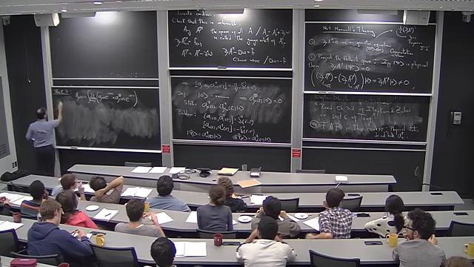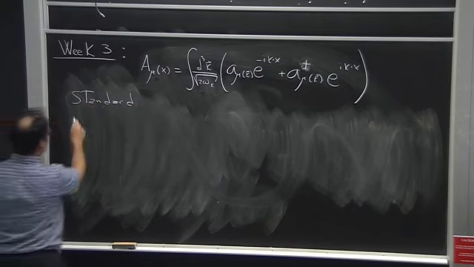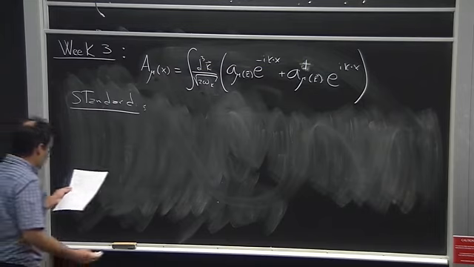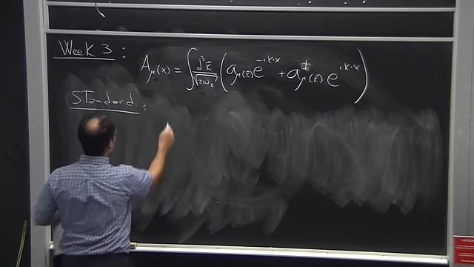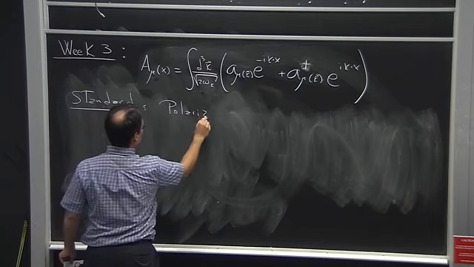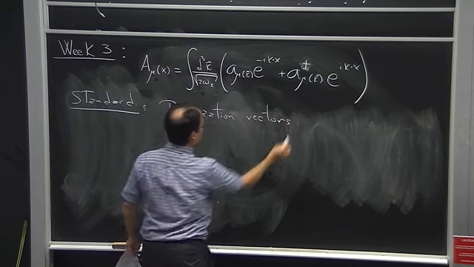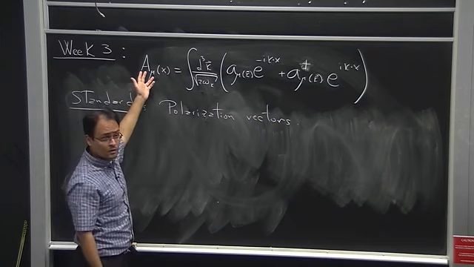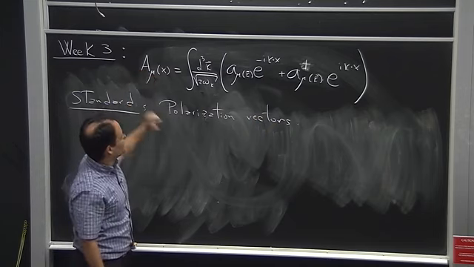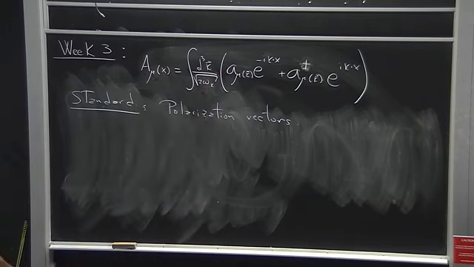Okay. So here, standard, and it's actually going to be very useful. People like to introduce something called polarization vectors. Basically, the idea is that you want to be able to describe polarizations of your field in a way that is independent of the creation and annihilation operators, okay? So you want to separate both spaces.